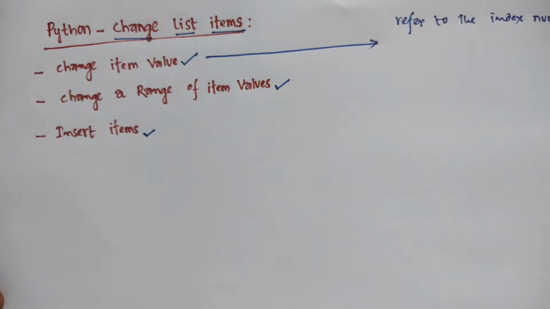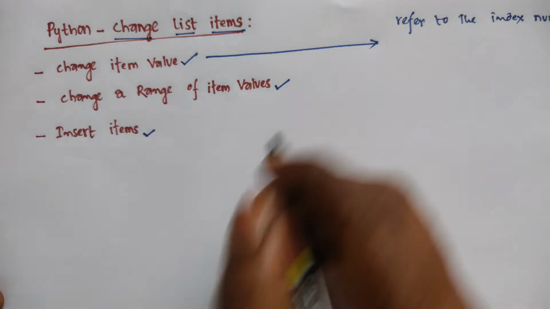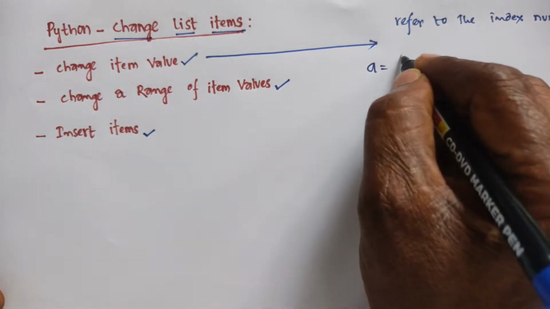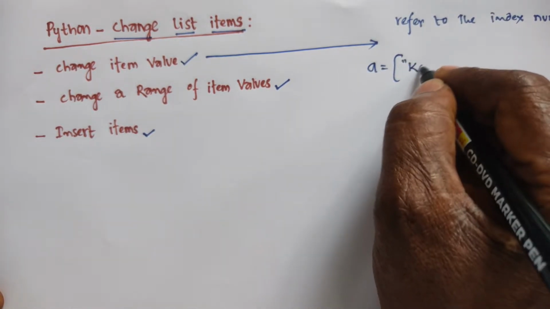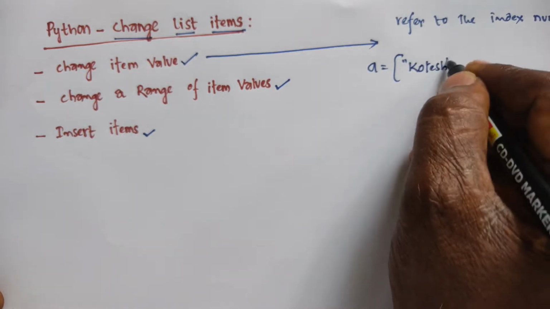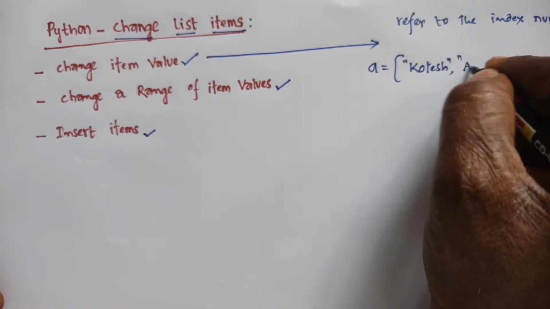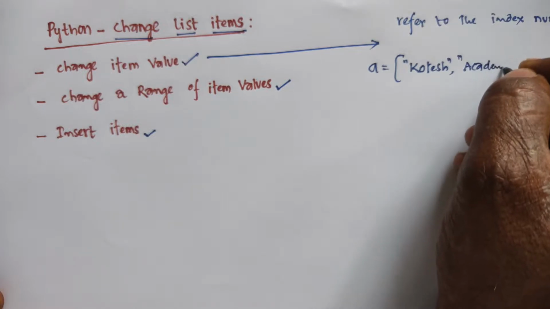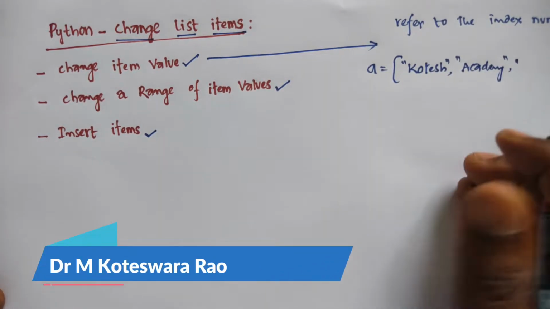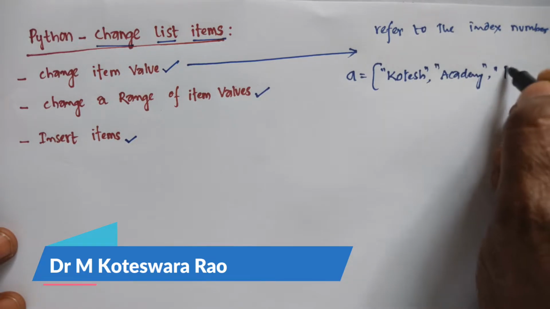For example, where do you want to change? A is equal to, in square brackets, using quotation marks: the first is Kotesh, the second is academy, and the third is project.